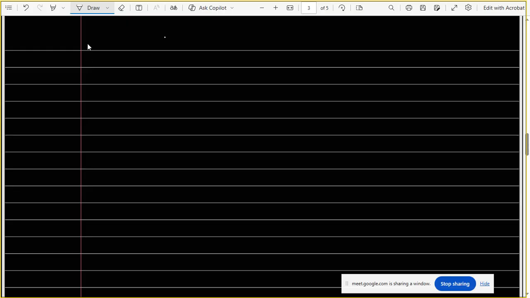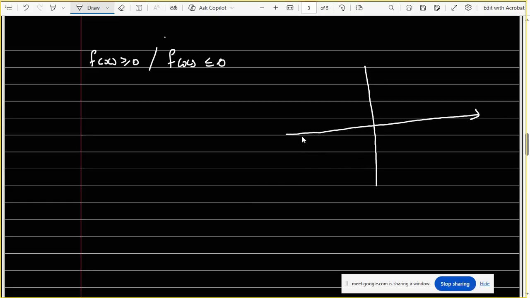Now, in an exam, they'll ask you this type of question. For which values of x is f of x greater than or equal to 0, or they'll ask you where f of x is less than or equal to 0. I know that most of the learners hate this type of question. Hopefully, after this explanation, you'll be able to answer this on your own.